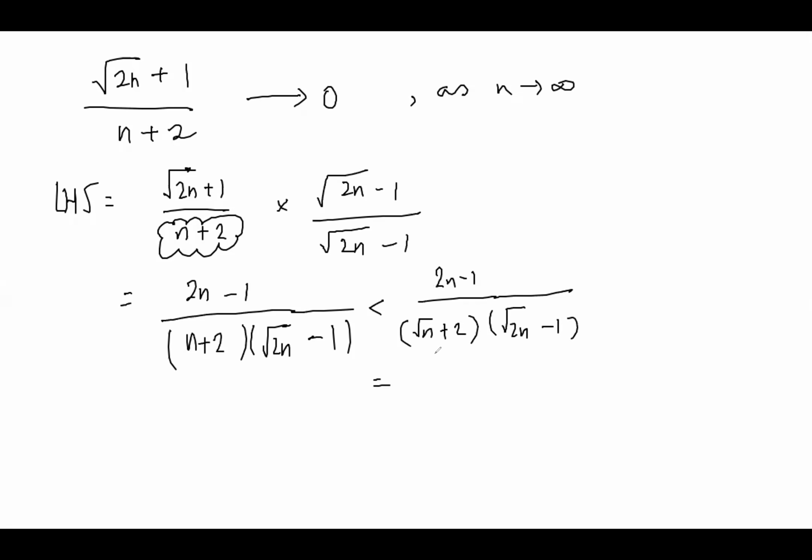As you expand this, you will get the square root of 2 times n minus the square root of n plus 2 times the square root of 2n minus 2.